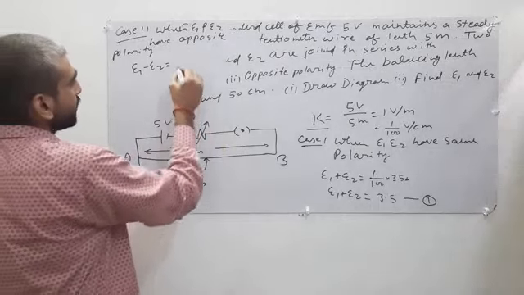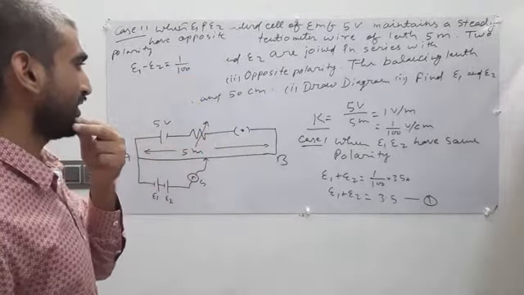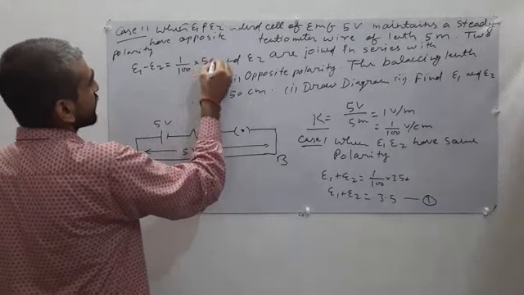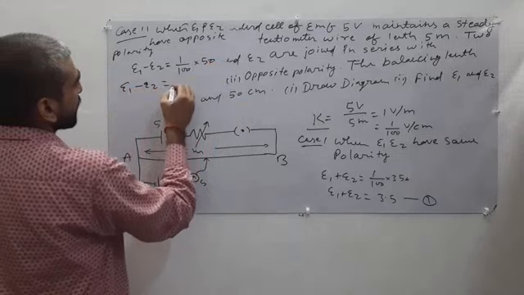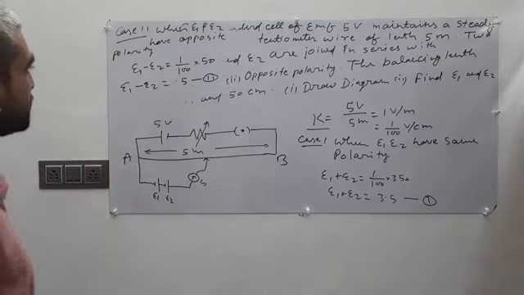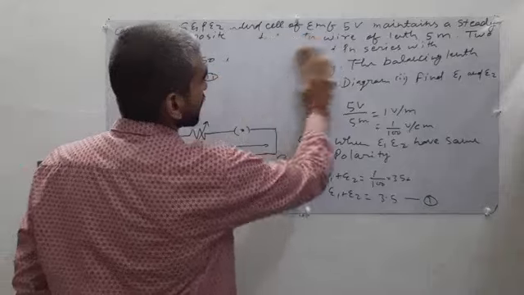The value of K is 1/100 and L2 is 50 centimeter, so E1 minus E2 becomes 0.5. This is equation number 2.